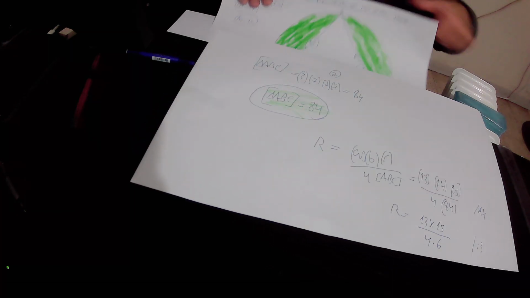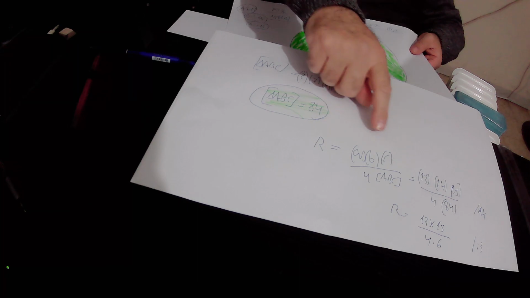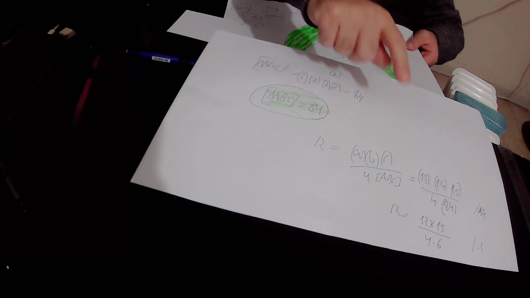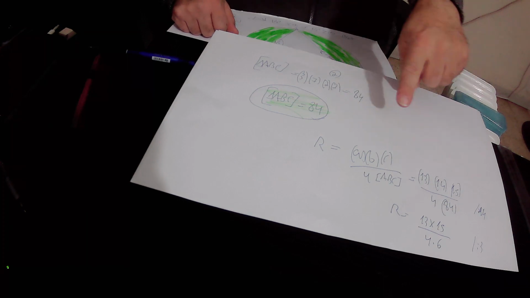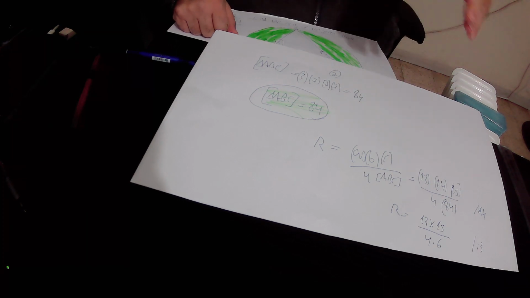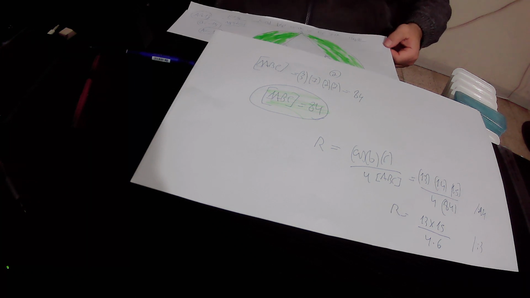Then again, the radius must be equal to A is 13, B is 14, and C is 15 over 4 times the area of triangle ABC. And we have already found out that the area of triangle ABC is equal to 84 square units.